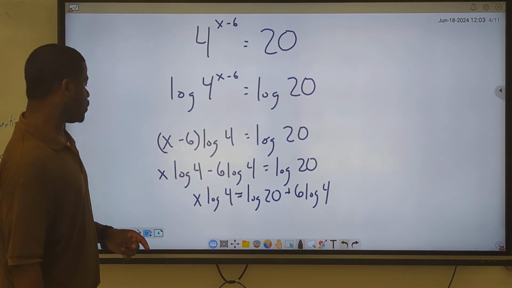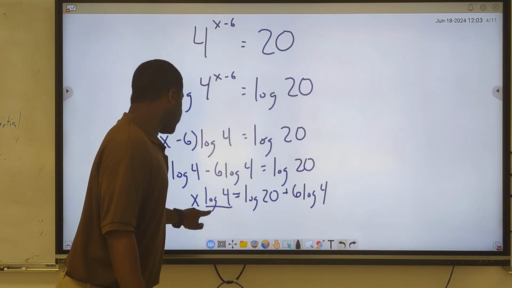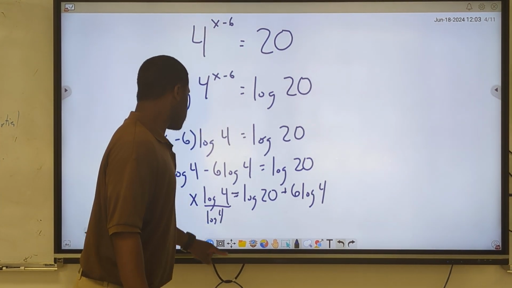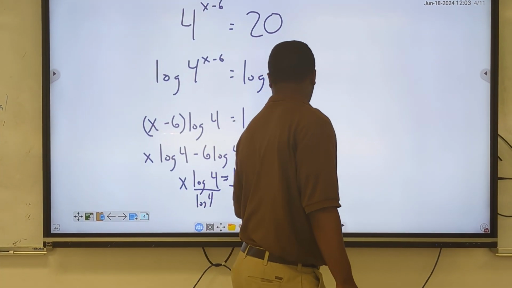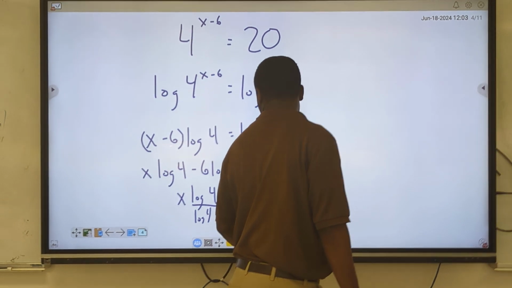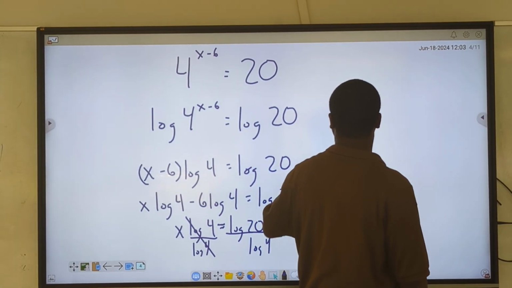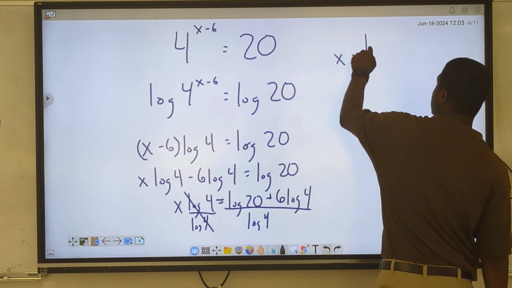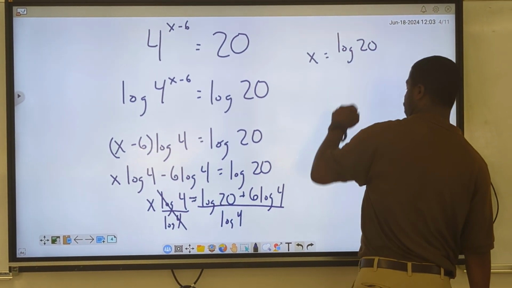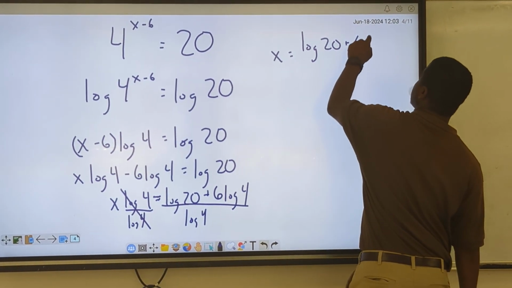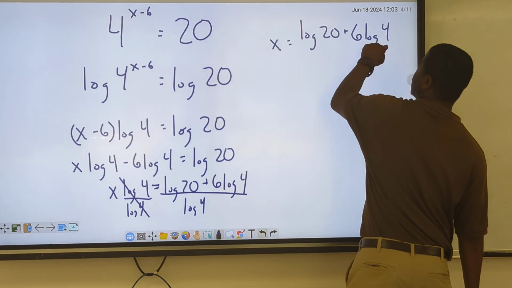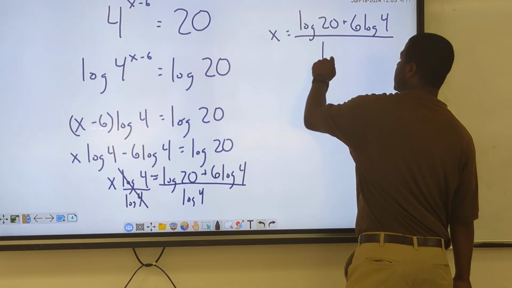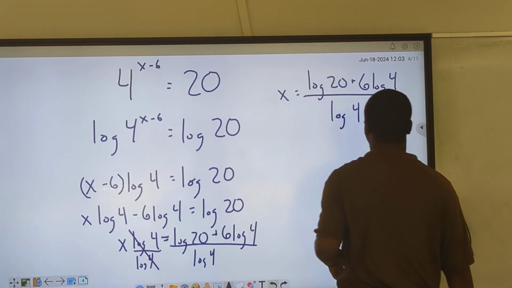So what do we need to do? Divide both sides by log 4. This cancels out, so our final answer will be log of 20 plus 6 log 4, divided by log 4.